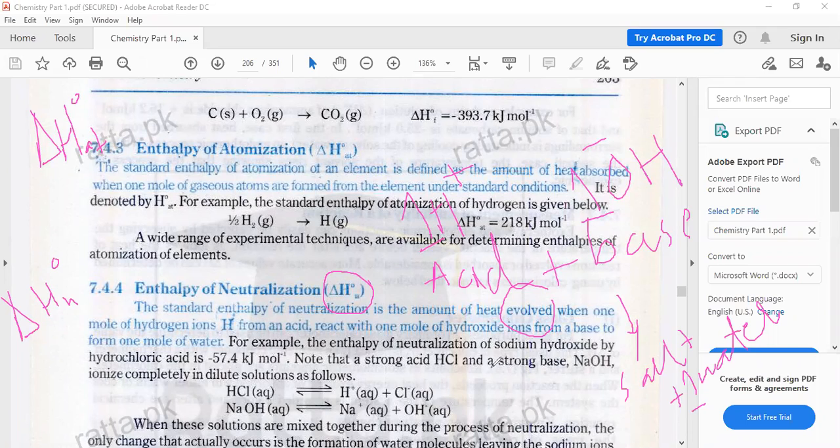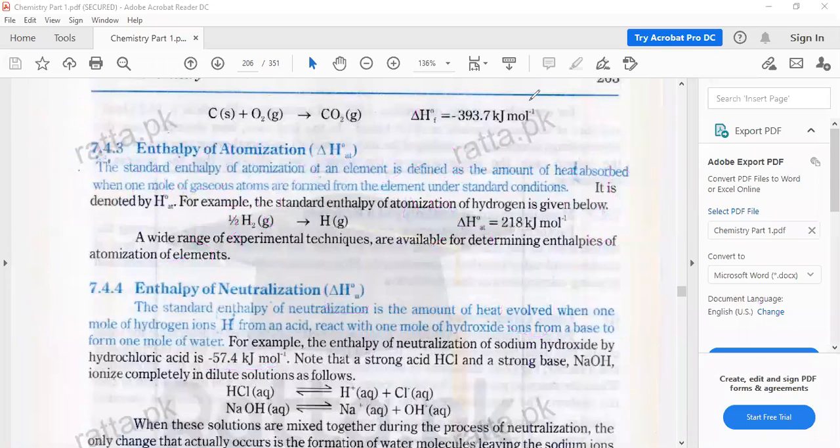So the neutralization of sodium hydroxide, NaOH, plus HCl, that is hydrochloric acid. NaOH is a strong base, HCl is a strong acid. When they react together, they make 1 mole of water and evolve minus 57.4 kilojoules per mole of heat. Here you can see, this is called the enthalpy of neutralization.